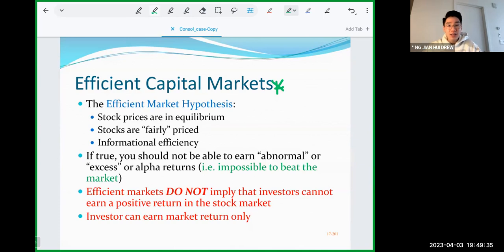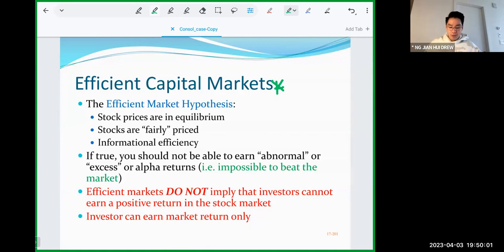The idea of excess return is the same as abnormal return. Basically, it is return that is above and beyond the norm. So, I repeat, the idea is that you should not be able to get excess return beyond what is stated as normal. That's just the broad idea.